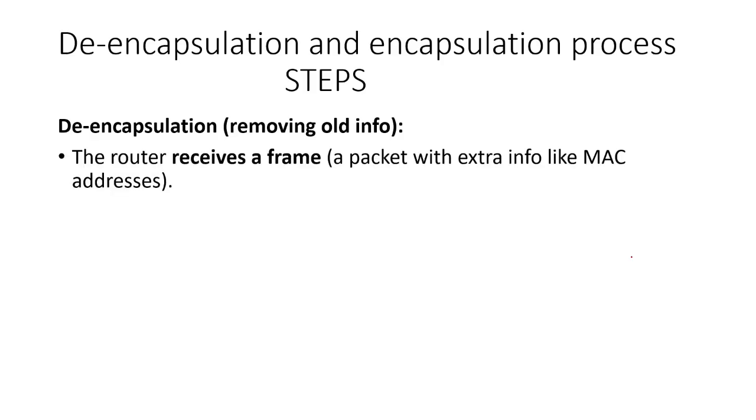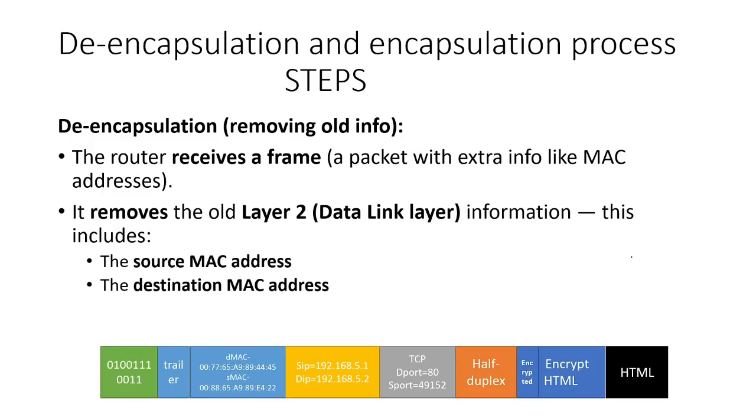When the router receives a frame, there is extra information like the MAC address of the source and the MAC address of the destination. So the router will remove the old layer 2 data link information, and this includes the source MAC address and the destination MAC address.